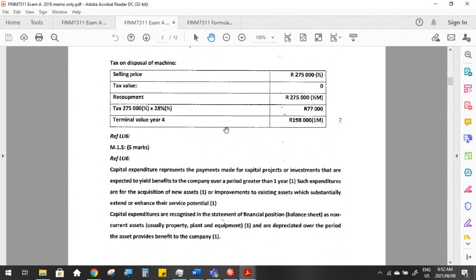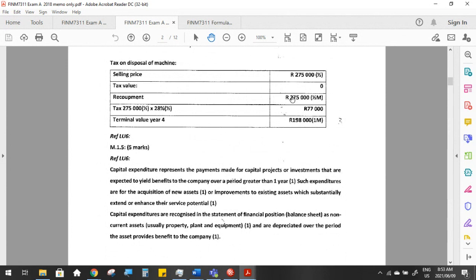So the terminal value is that we are going to sell the machine for 275,000 at the end of the 4 years of the project. So the 275,000 is less than what we initially paid for it, so there won't be any capital gain. But because the machine would have been fully depreciated by the end of the 4 years, that 275,000 will be a recoupment of previously claimed allowances.